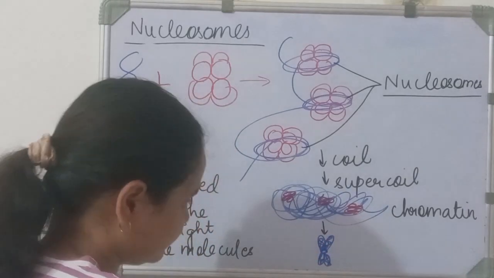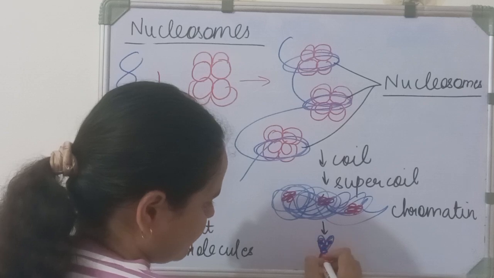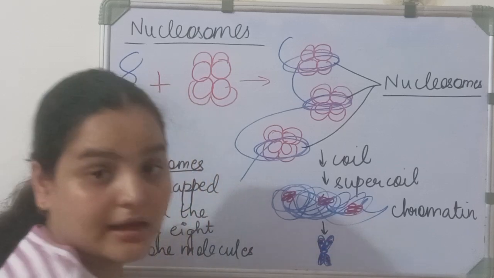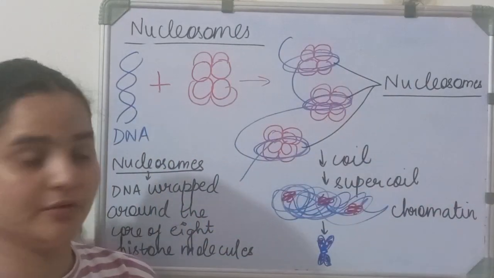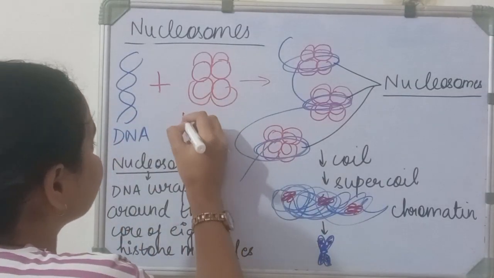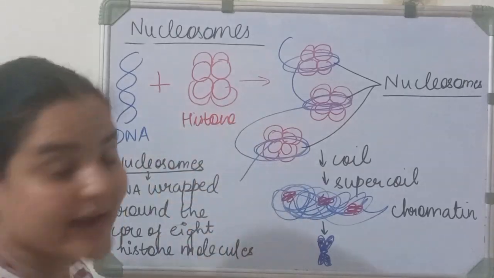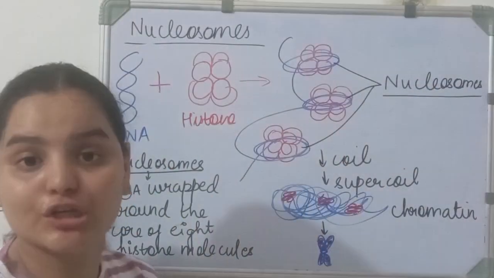I have explained it very simply. First, DNA combines with histone and forms nucleosomes.